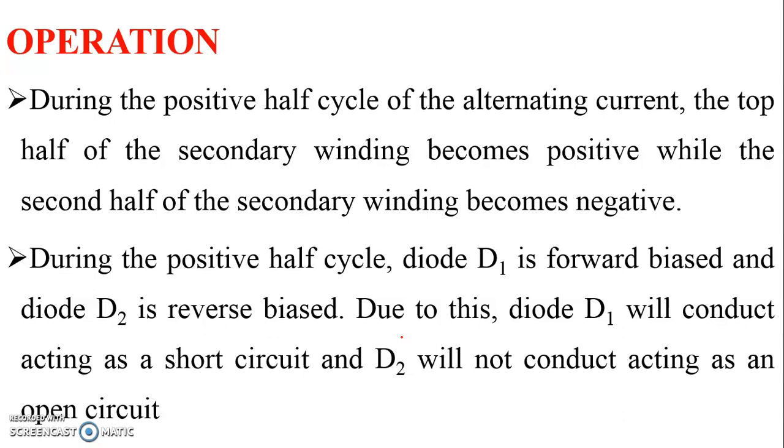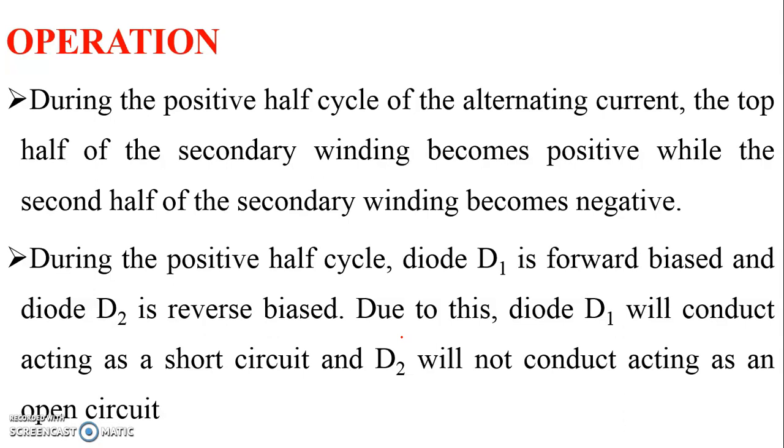During the positive half cycle, the top of the secondary winding becomes positive, and the other end becomes negative. So during the positive half cycle, diode D1 is forward biased and diode D2 is reverse biased. Due to this, diode D1 conducts the current and acts as a short circuit, and D2 does not conduct, so it acts as an open circuit.